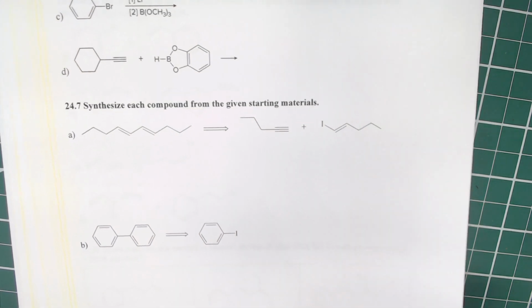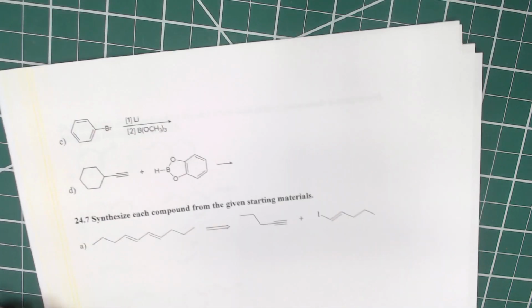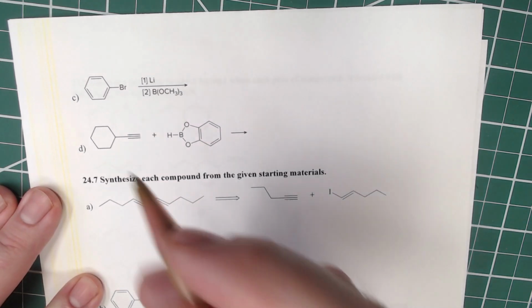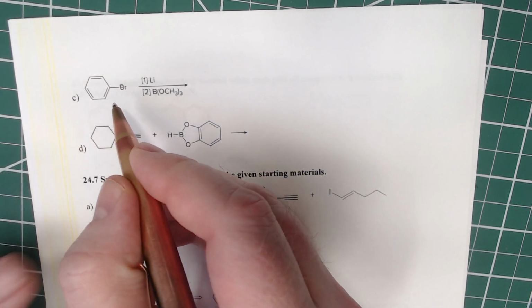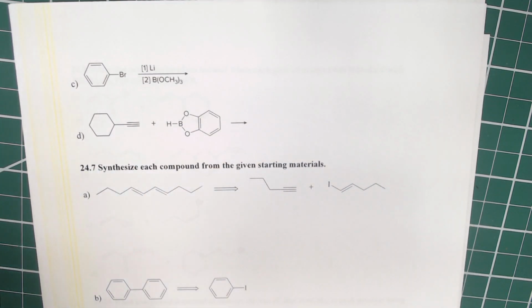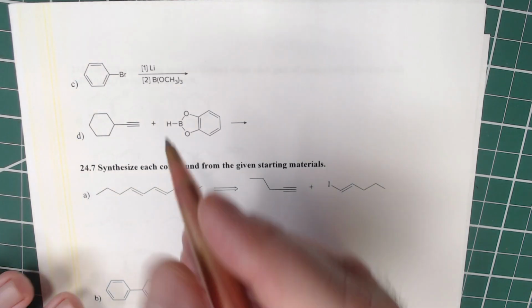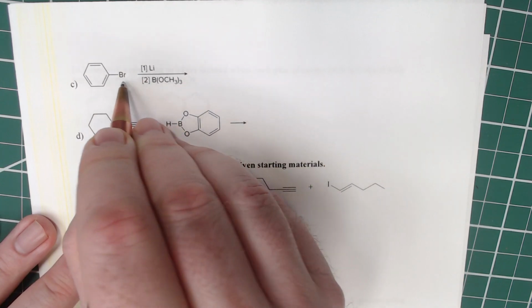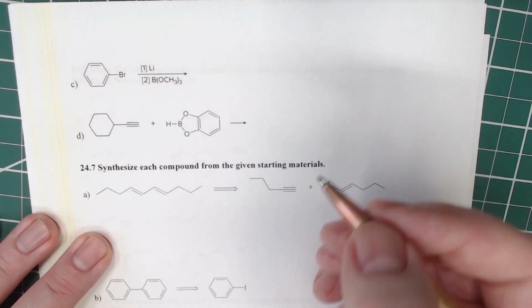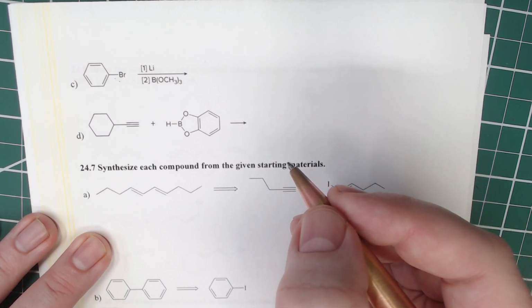All right, let's look at C and D on this particular problem. So this is what's happening with this reagent. When we take an aryl halide like this bromobenzene, that is going to make an organolithium reagent. So in step 1, we're going to make the organolithium reagent where we have lithium instead of bromine.